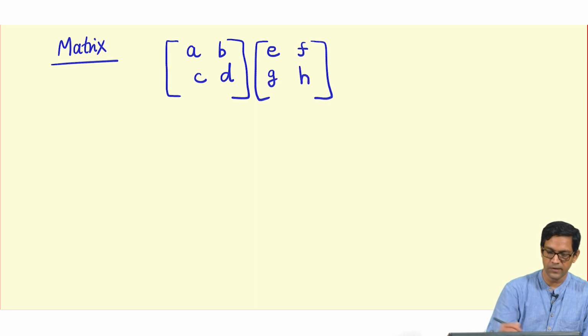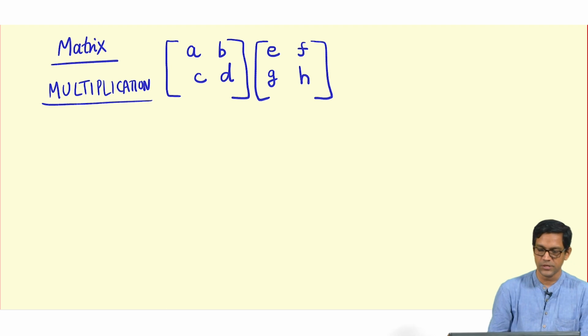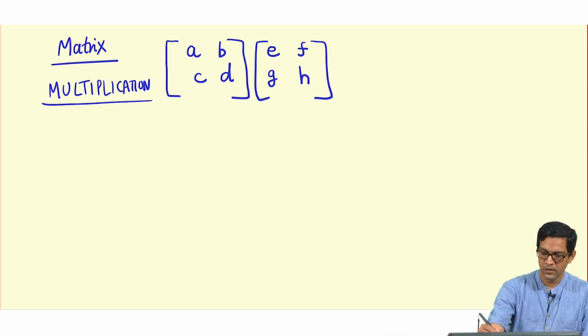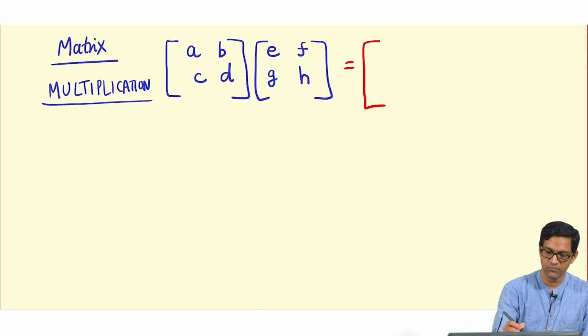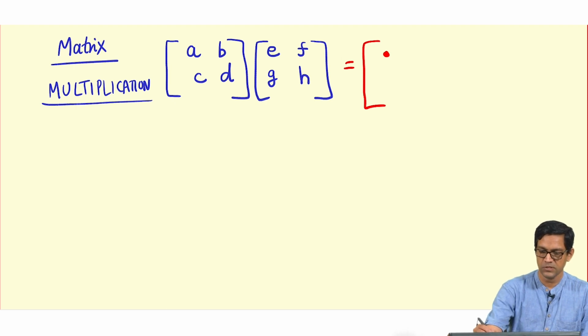So I am going to do that here. I am going to take A, B, C, D and try to multiply it with another 2 cross 2 matrix E, F, G, H. The rule for matrix multiplication, in case you have not seen it before, is the following. In order to find each of these entries, so here is the first row, first column of the resulting matrix.